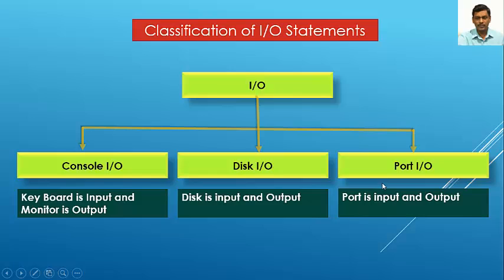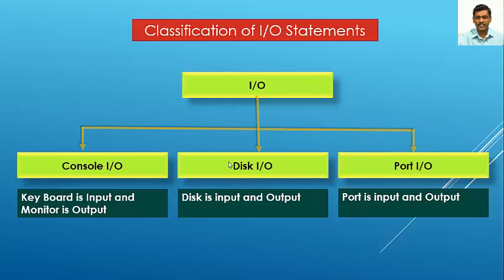If we want to send data to the external device, we use port output. We can also collect input from the keyboard and send it to the port. So we can use console IO, disk IO, port IO as per our requirement individually, or combined.